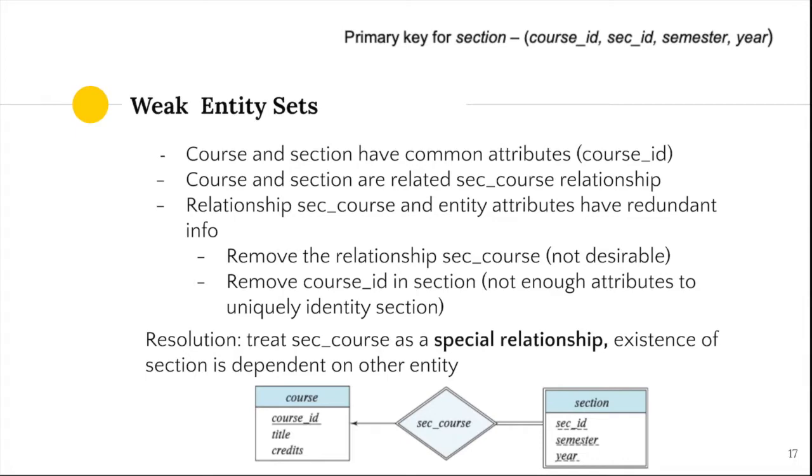So, one way of removing redundant information such as this is to either remove the relationship sec-course, but this is not desirable kasi graphically parang magkahiwalay pa rin si course and si section, tapos nakalagay na lang na may course ID siya doon sa loob ng table.